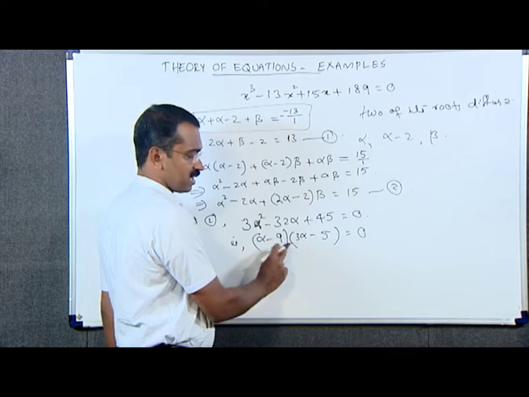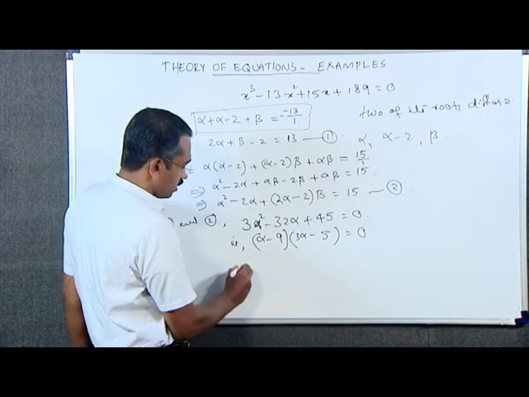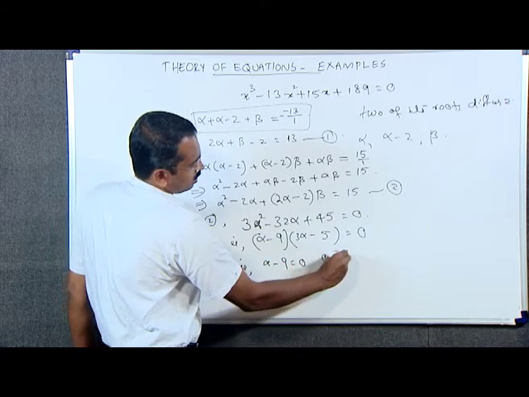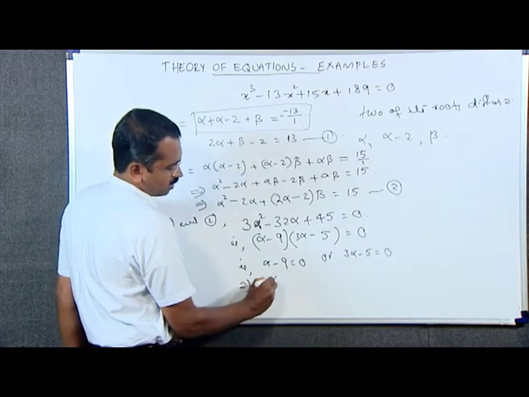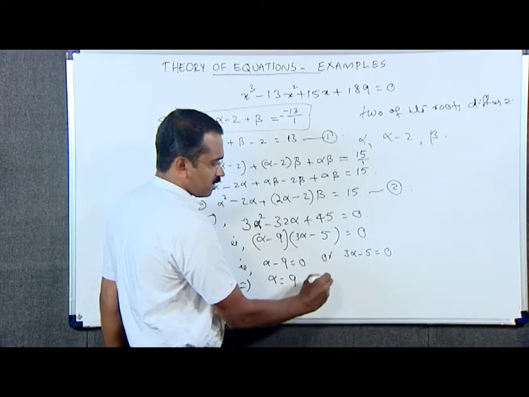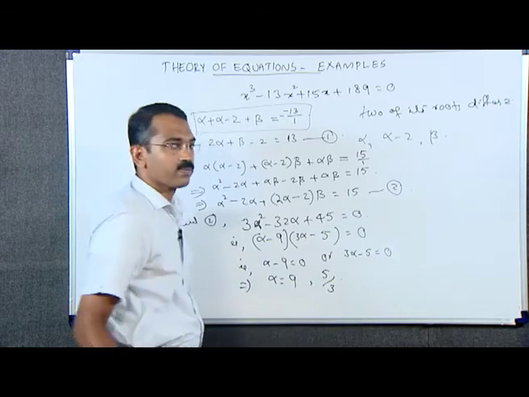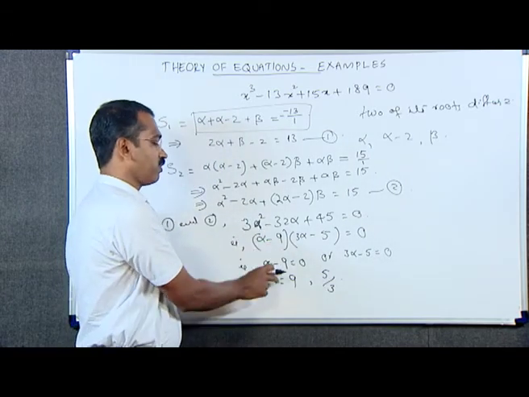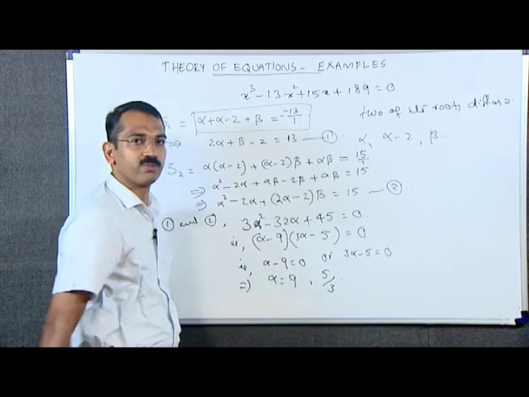Therefore, alpha minus 9 into 3 alpha minus 5 is equal to 0. That is, alpha minus 9 equal to 0, or 3 alpha minus 5 is equal to 0. From this, alpha is equal to 9, or alpha is equal to 5 by 3.